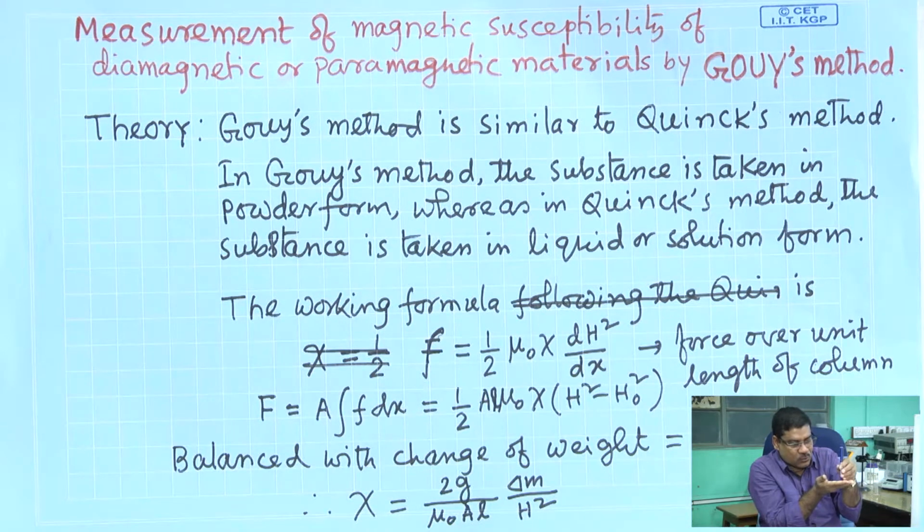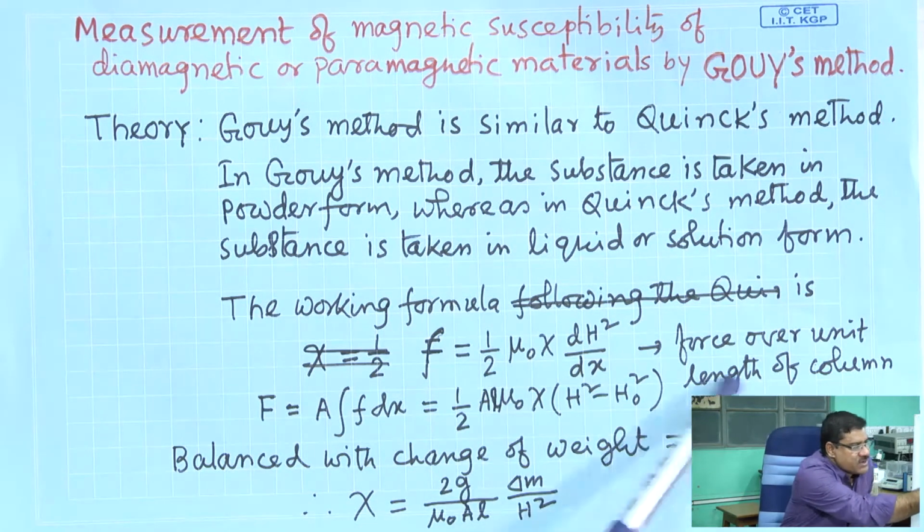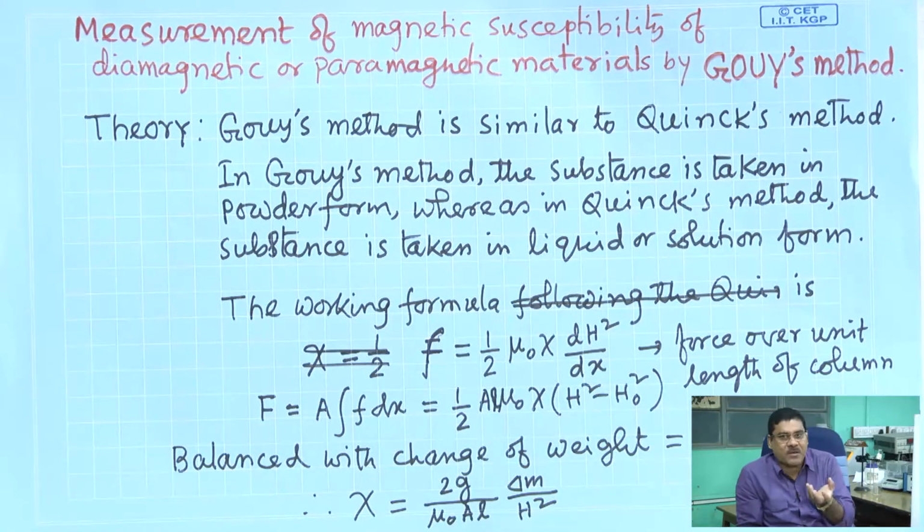To get back to the original position, what weight do I have to put on the balance? That extra weight I put to get the initial position of the balance before applying the magnetic field. So how much mass do I have to put? That is del m, so del m g will be the weight change of this sample.